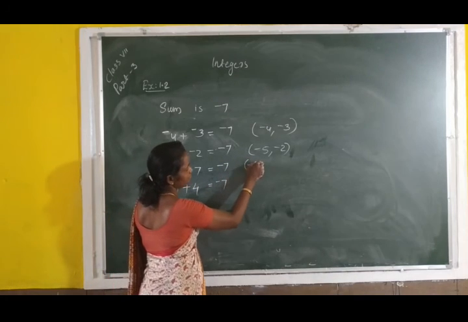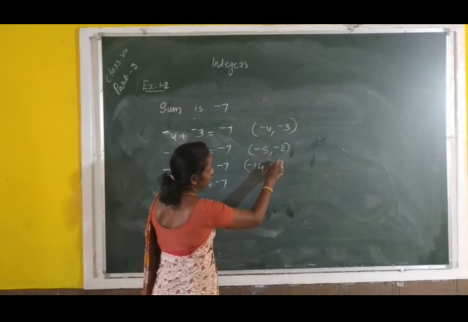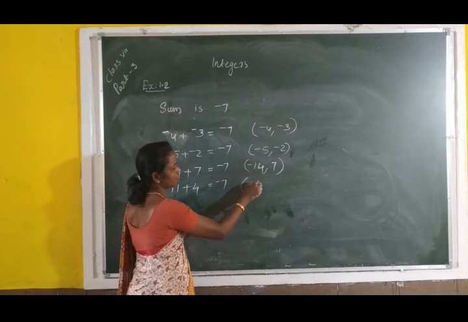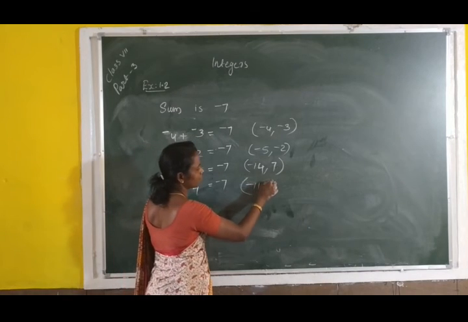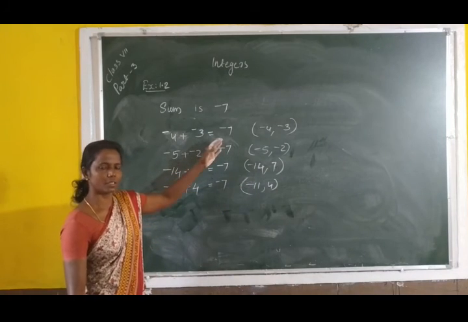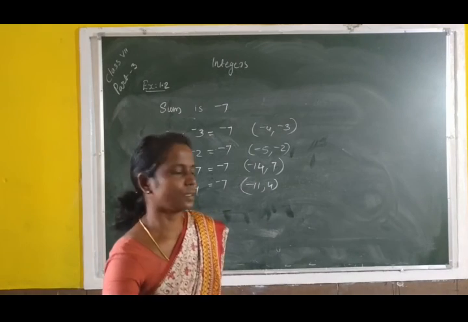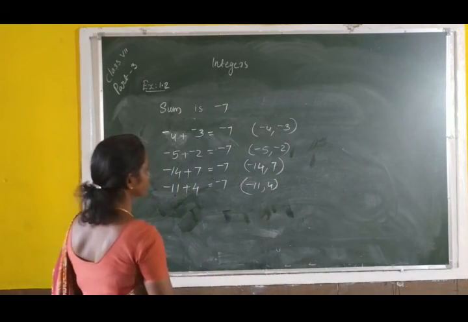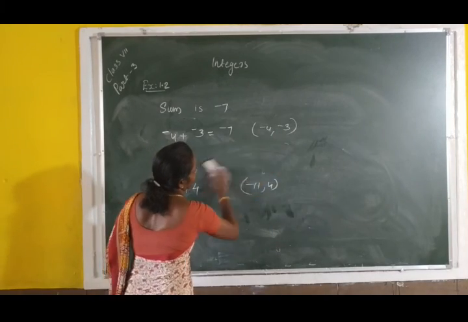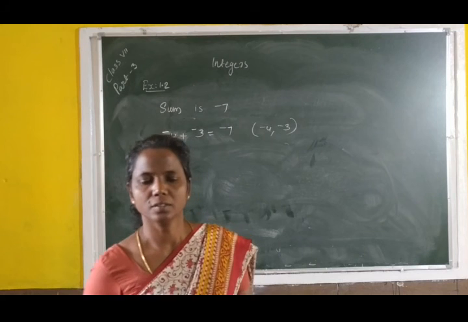Here we get negative 14 and positive 7. Then negative 11 and positive 4. Is it clear? You can write any one of these. Any one answer you can write here.